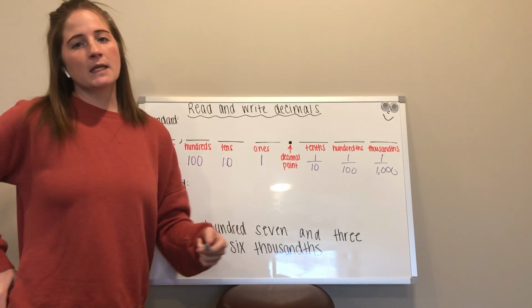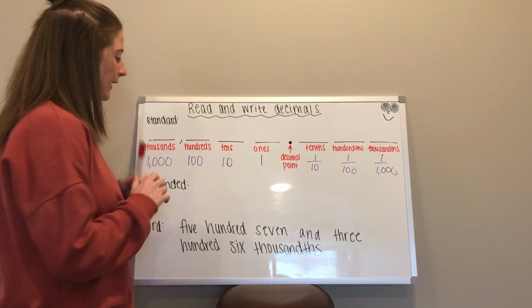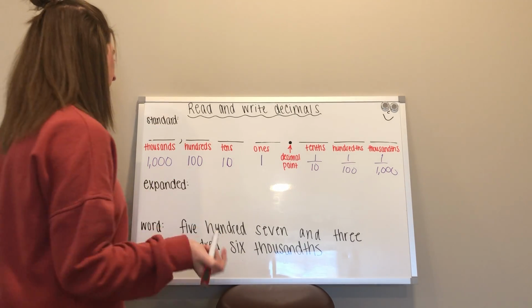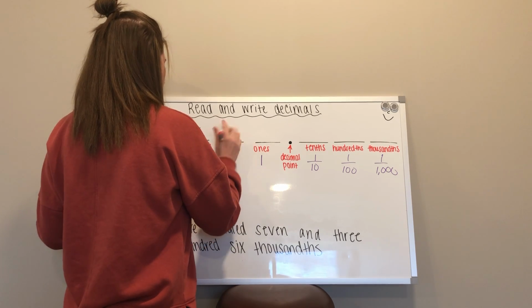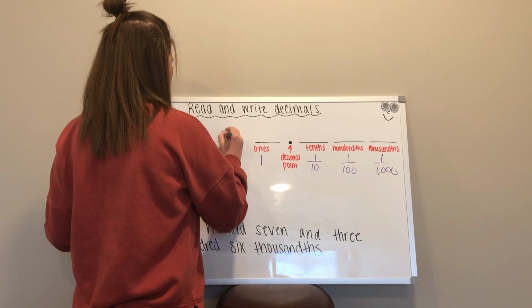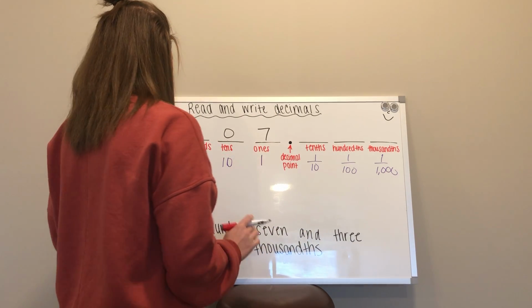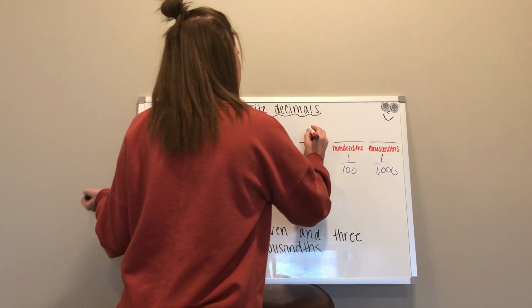Now for some of this, it is going to be trial and error, okay? So let's just say, here's how I wrote it. So 507, and tells me there's a decimal point, and then 306 thousandths. Well, let's say I did this.